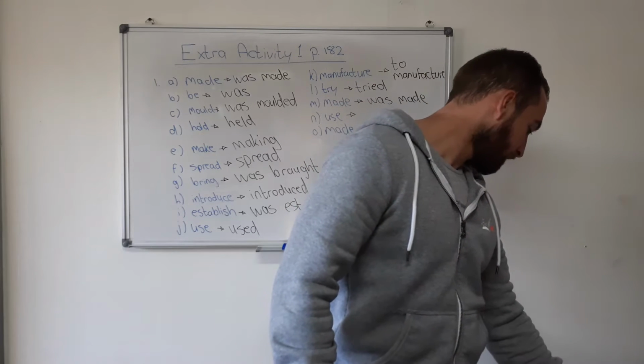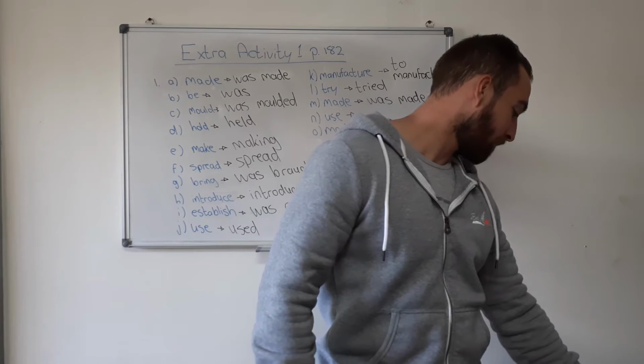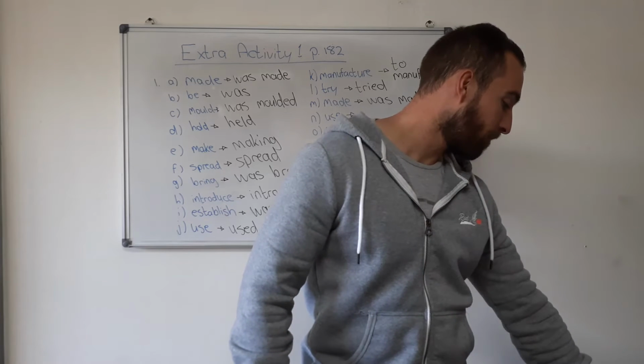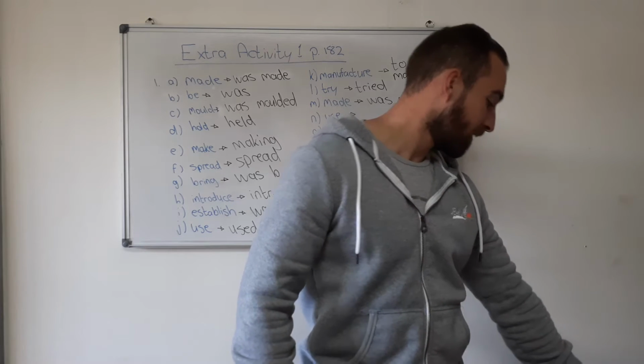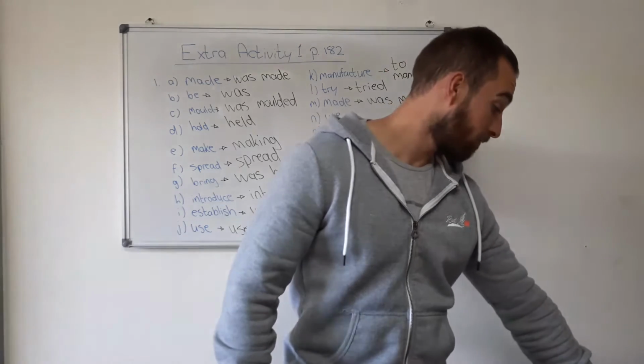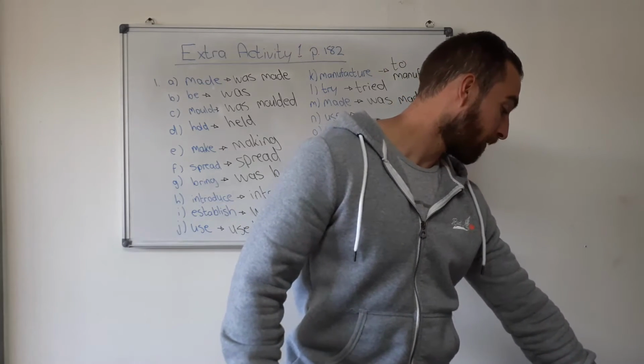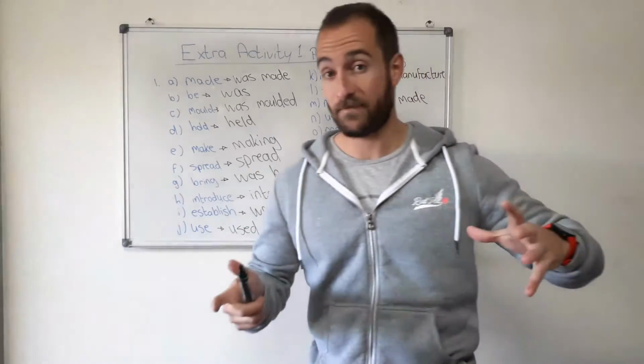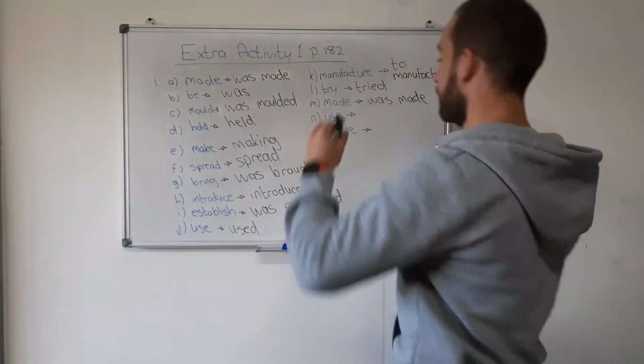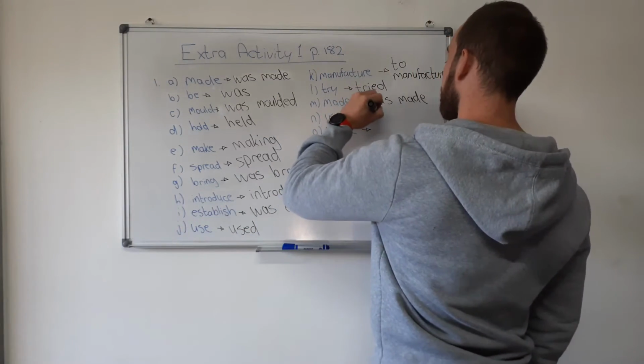Okay, let's continue on. Made to produce paper. Eventually, wood pulp used to make paper. So this is our second last sentence. Wood pulp, which is one entity. So again, we've got was used.